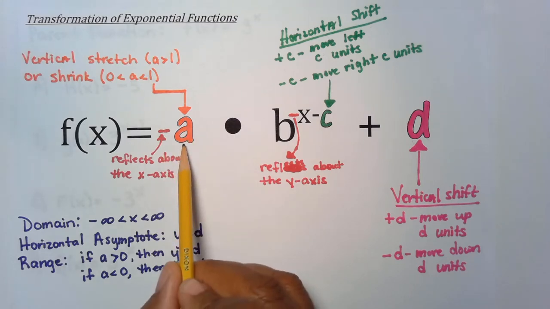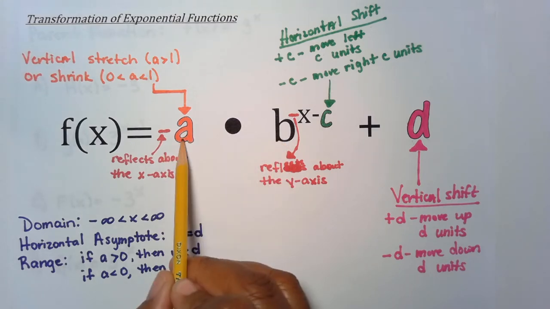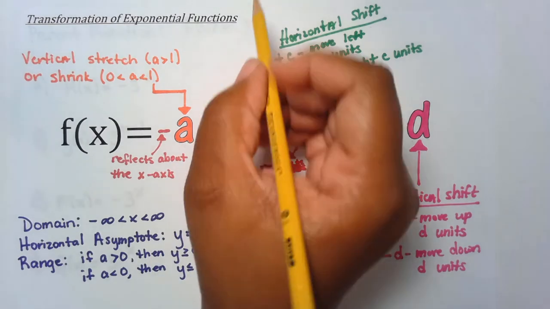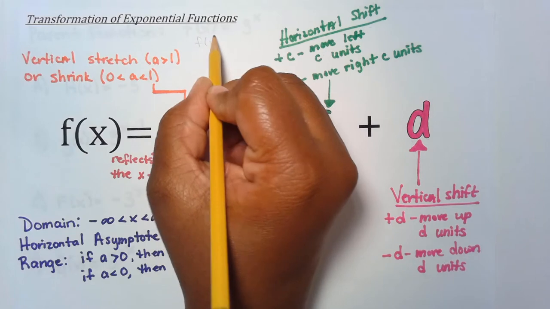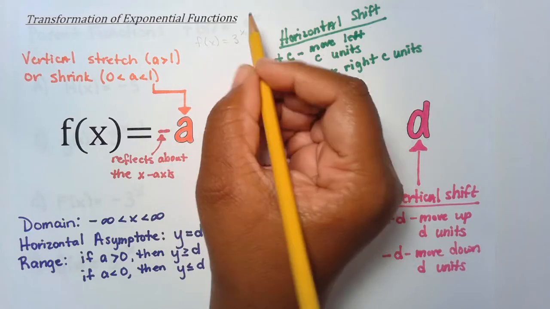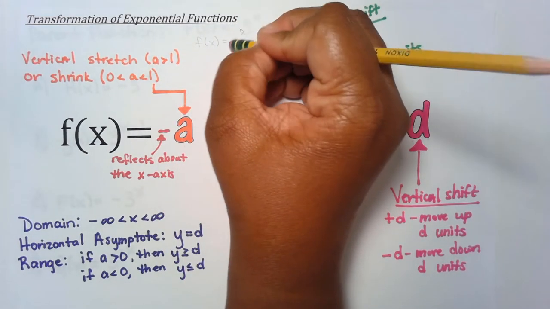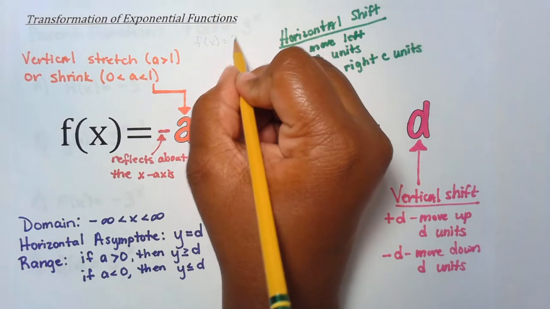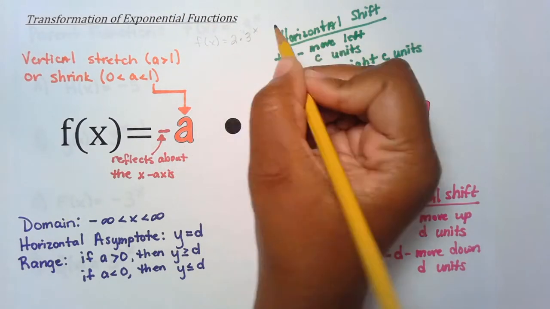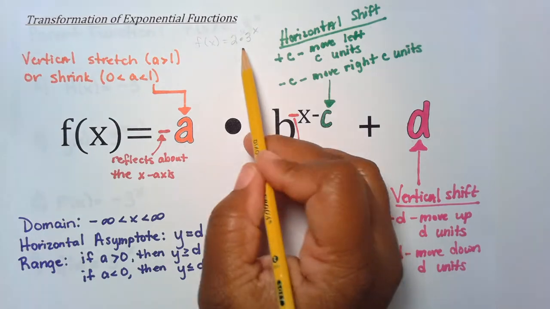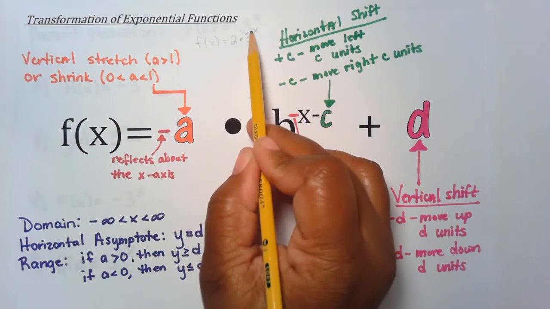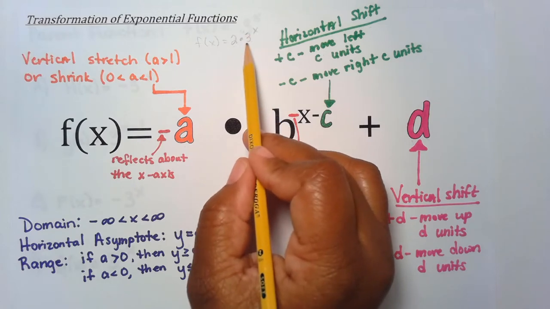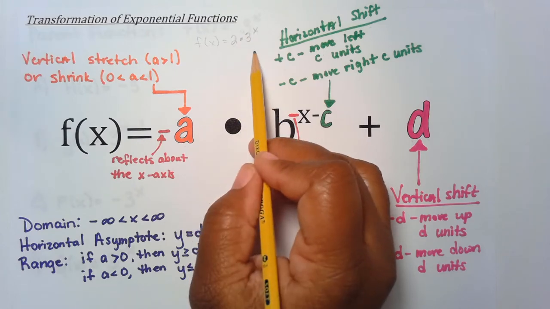Now, if there is a number in front of this b, for example, let's say we go back to that function, f of x is equal to 3 to the x power. Let's say there was a number in front, say 2 times 3 to the x. What we would not do is multiply 2 and 3, because here we have a factor of 2 and here we have an exponential expression of 3 to the x, so they're not the same.